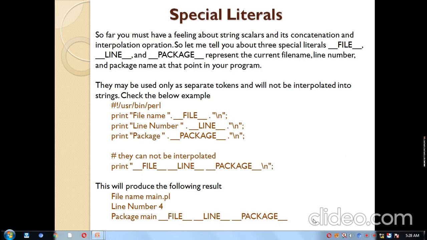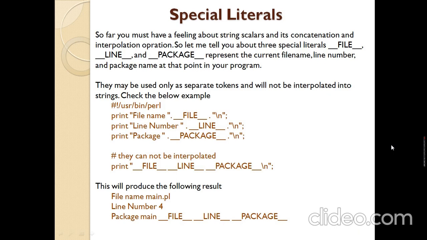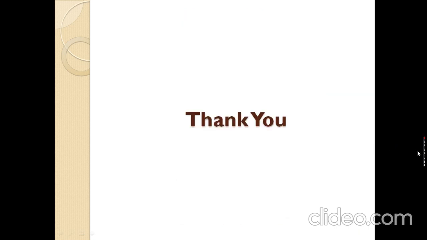If I use line number, that is line, now it is going to print 4. We have 4 lines. And package, that is package. Note that it cannot be interpolated.